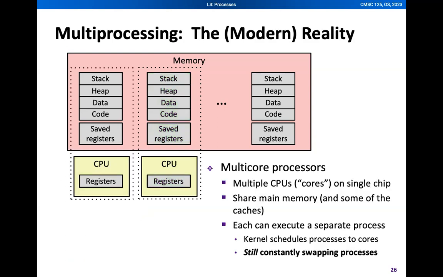Okay, and there are also multi-core CPUs on a single chip, wherein they share main memory and some of the cache, and each can execute a separate process. However, again, there is scheduling and still context switching, constantly swapping processes.